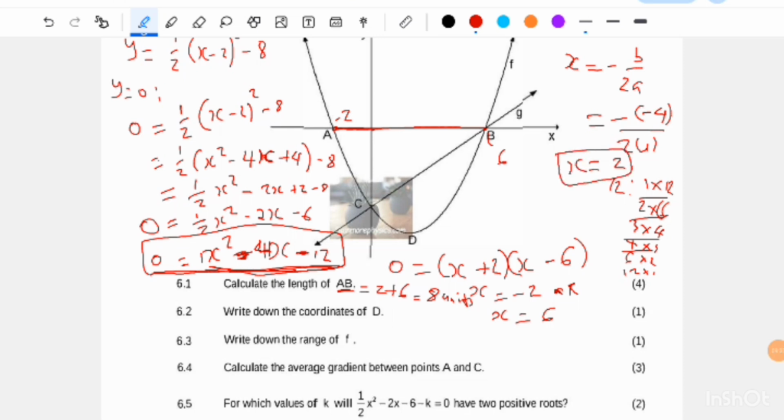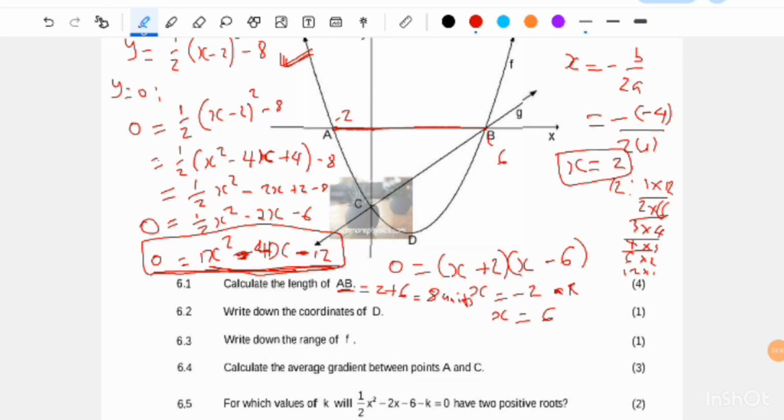You're now going to substitute x is equal to 2 into your original equation in order to calculate the value of y. Again, I'm running out of space.